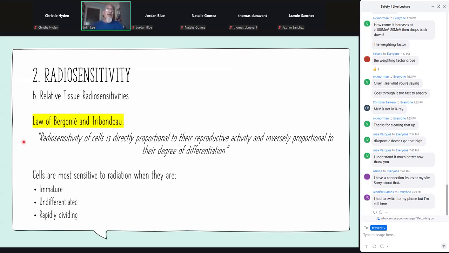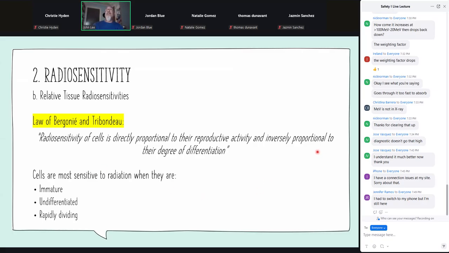Now, the law of Bergonié and Tribondeau stated that radiosensitivity of the cells was directly proportional to their reproductive activity, meaning the more frequently they reproduced, the more likely they are going to be sensitive to exposure.